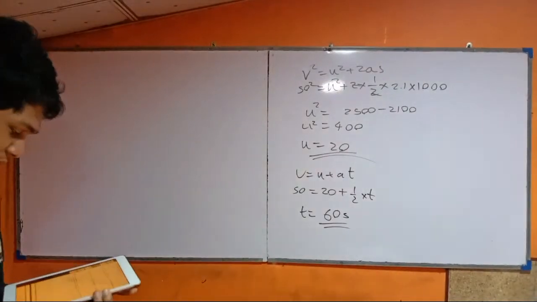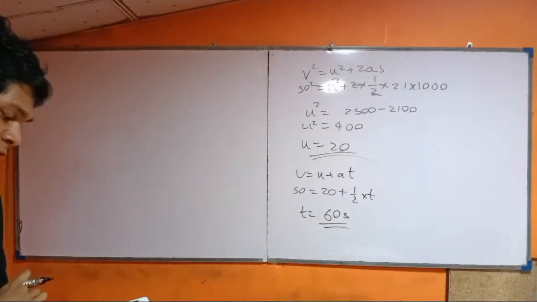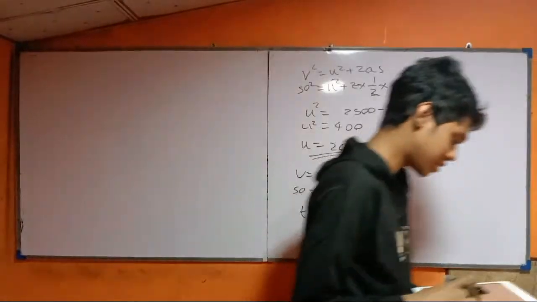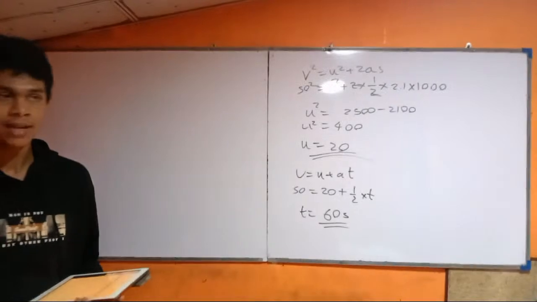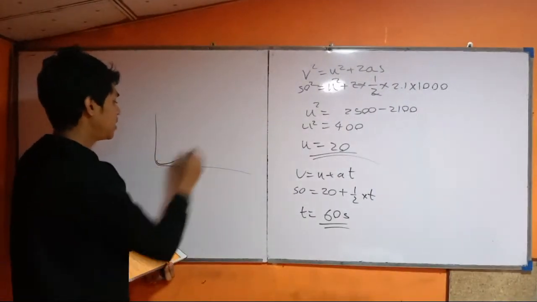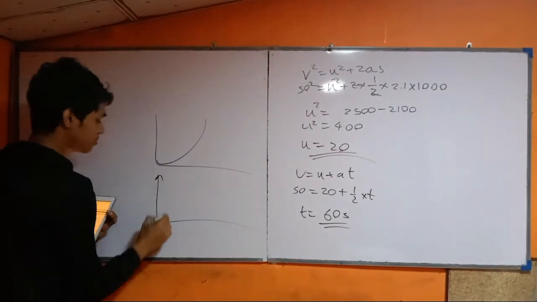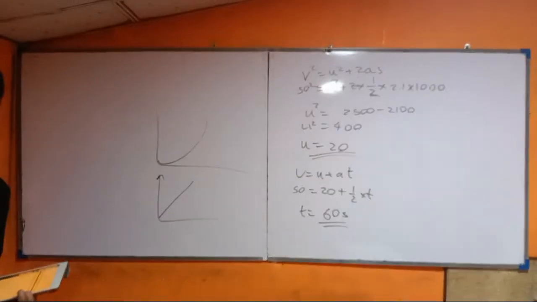Question number 7. Which of the following is not a graph corresponding to an object moving at positive acceleration? Okay, now accelerating object, you have learned this. An s-t graph will show something like this if it is accelerating. A velocity-time graph will show something like this if it's accelerating. Only those two we have learned until now.